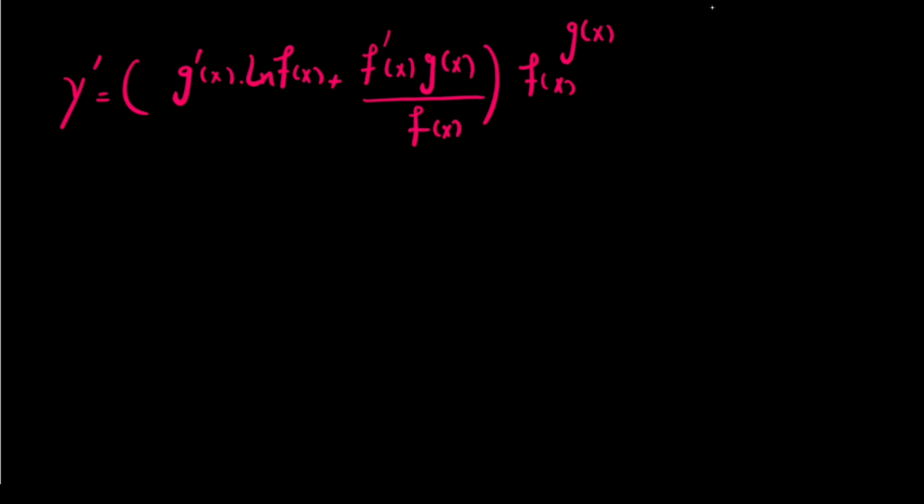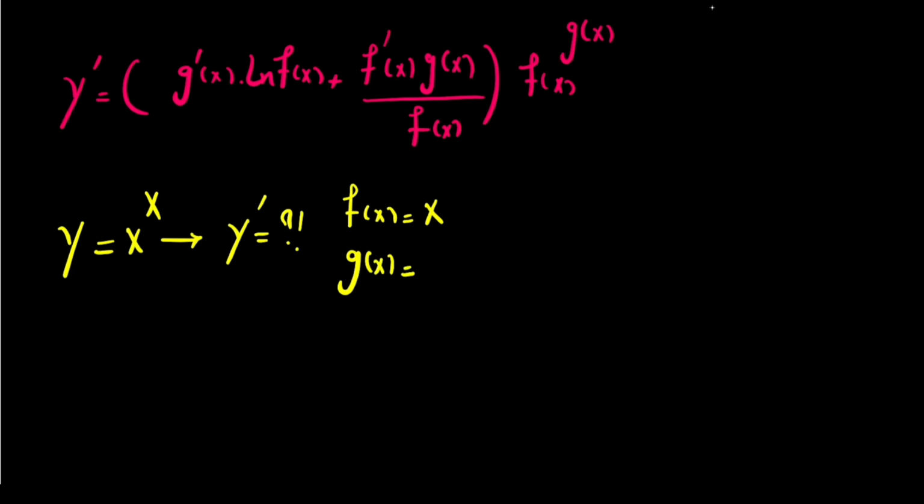So for the first step, let's talk about x to the power of x and y prime. In this question, f(x) equals x and g(x) equals x, and f prime(x) equals 1 and g prime(x) equals 1.